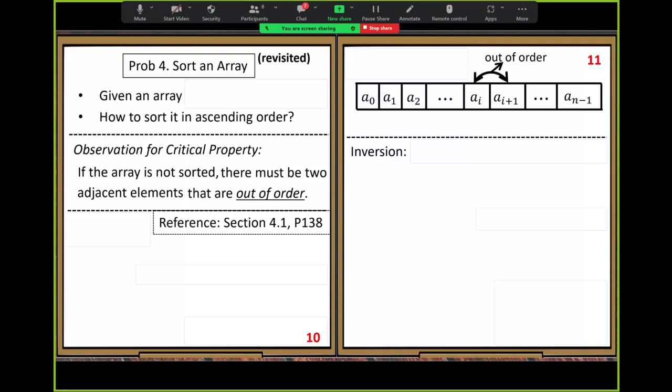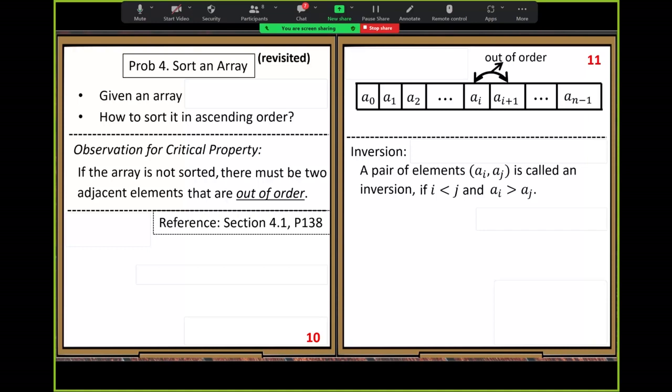So what's an inversion here? Let me give you the definition. A pair of elements A sub i and A sub j is called an inversion if this property is satisfied: if i is less than j, then A sub i is greater than A sub j.